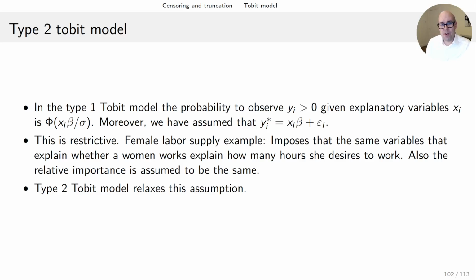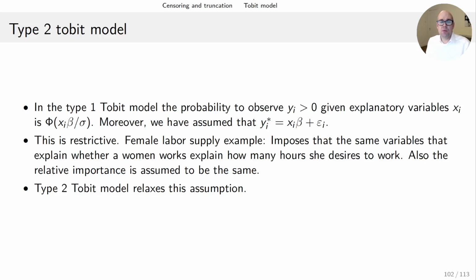I'm just going to talk about the type 2 Tobit model as the only extension. The type 5 Tobit model is particularly close to what is now a hot area, which is program evaluation. That will be discussed in the second half of this course, but I'm not going to talk about this now. I have a little something on this in the lecture notes, actually.